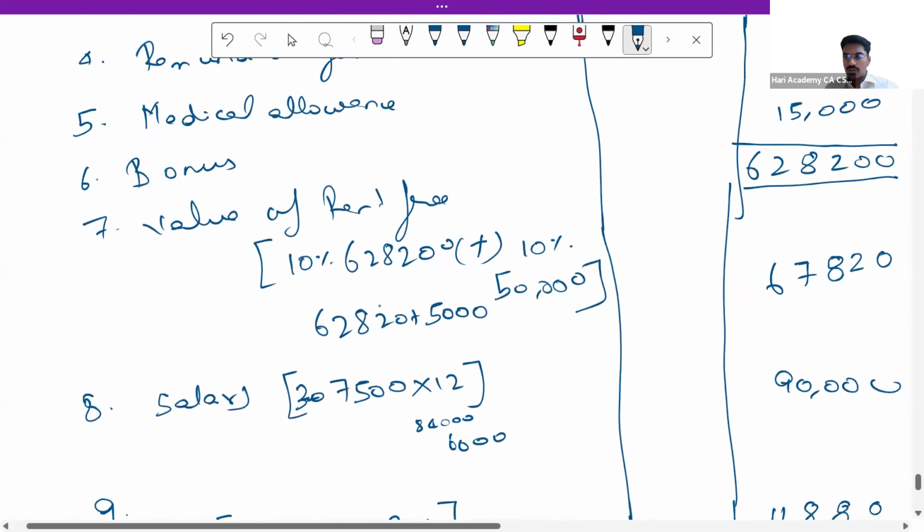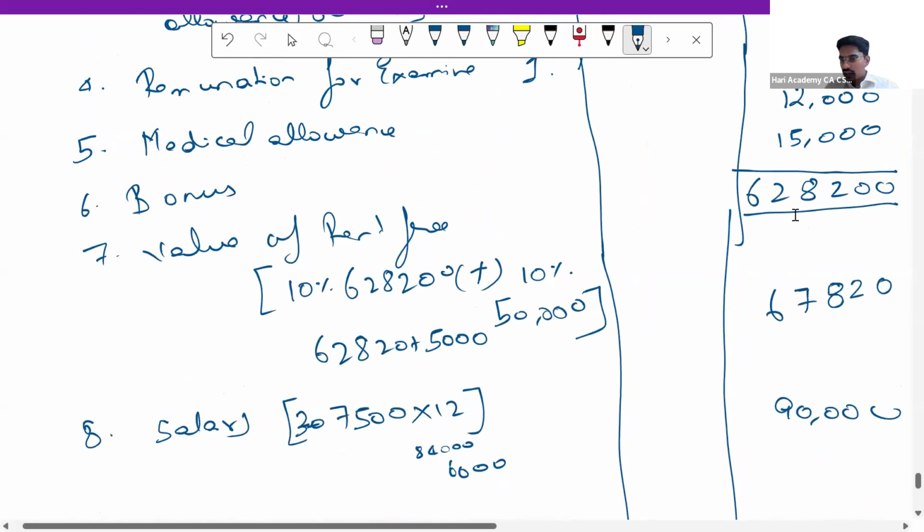Now let us do the total. So we have already computed till here it is 62,82,000. And now after that we have to add all these amounts.